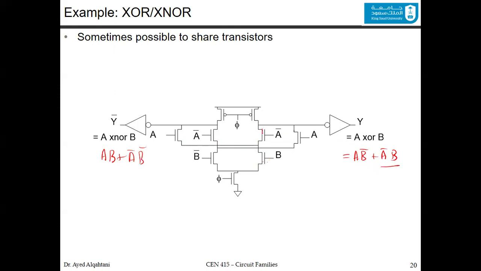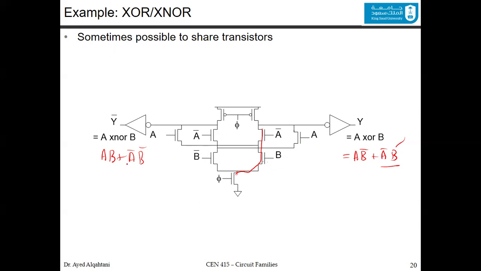You get it here, A bar and B. So that covers this term. And for this term, A and B bar, you cover it from this way. So now you cover both of these using sharing.